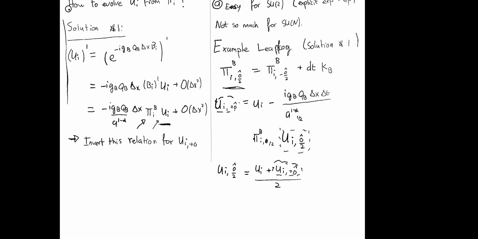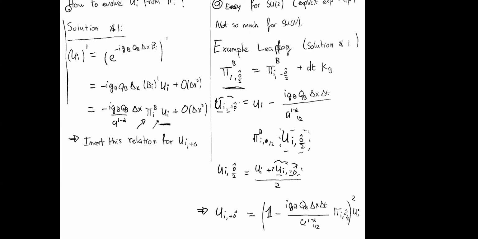When you do this inversion, you find an equation for ui at times plus 0, and this is just equal to 1 minus I g b q b delta x delta t divided by a1 minus alpha alpha of pi I 0 over 2, squared, times ui.